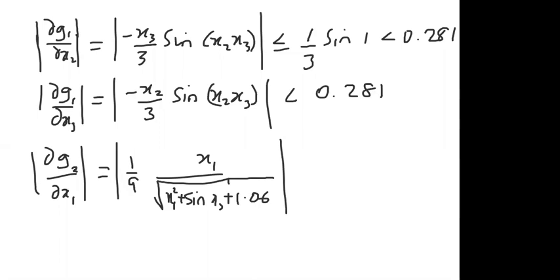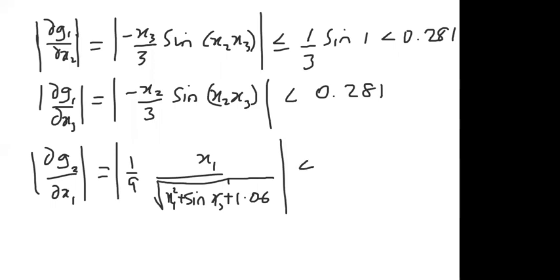Okay. Now, in this case, I need to make sure that the denominator is small. So I'll pick those values in D which will make the denominator small. Of course, for any value that I pick in there, I'll be getting something positive for x1 squared. Since sine is odd, I'll be able to pick x3 to be equal to -1.